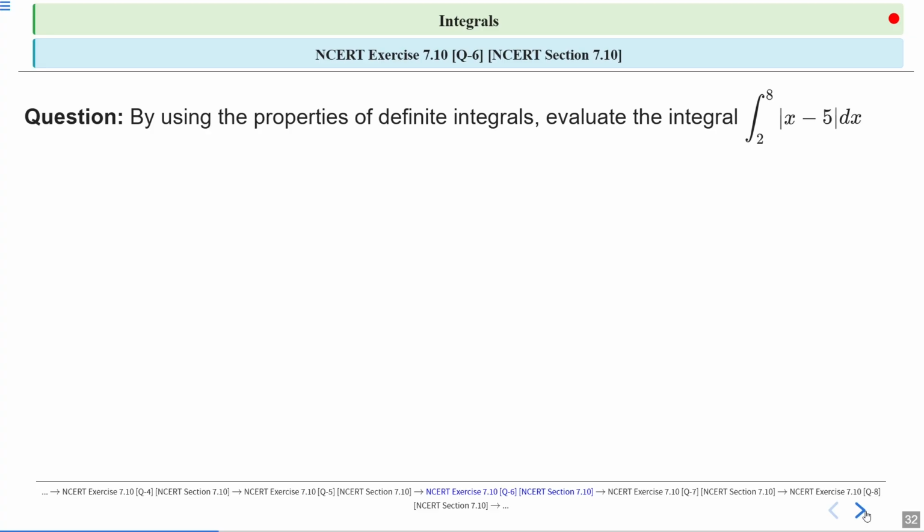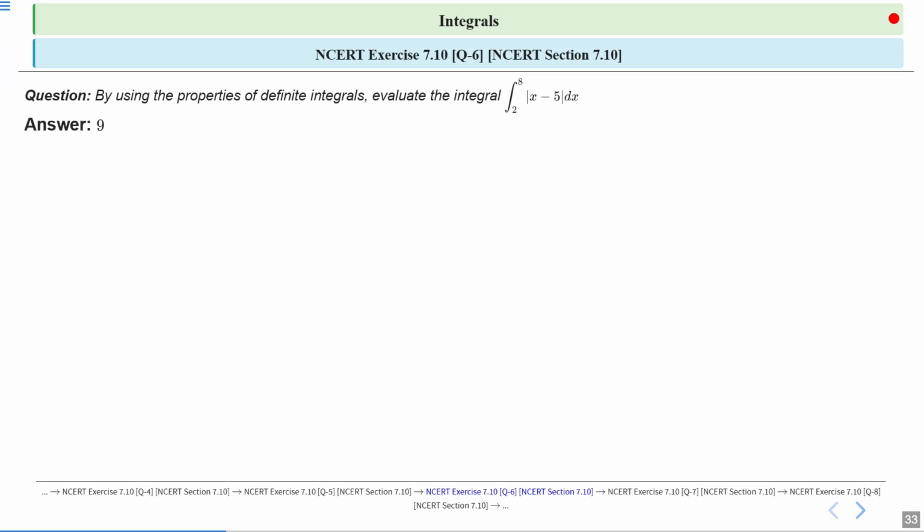In a similar way, at first we have to find the critical point and then the intervals where the function sign is positive or negative. Okay, try. So the answer is 9.